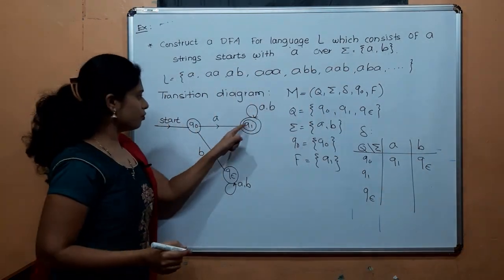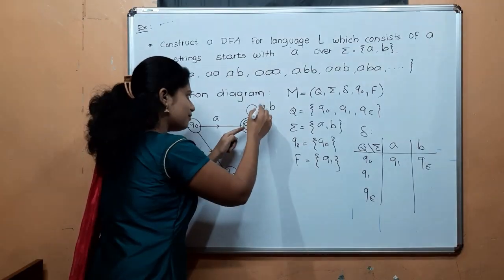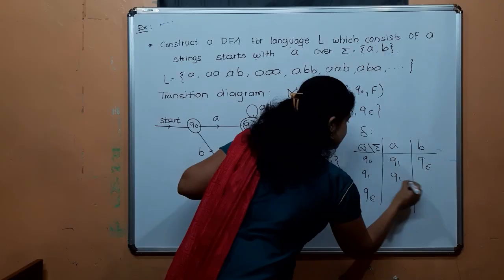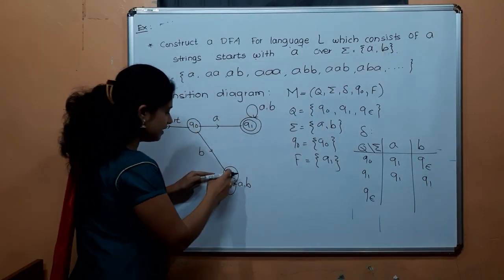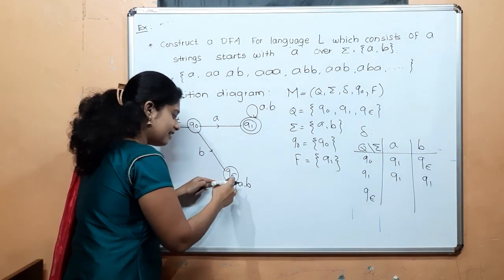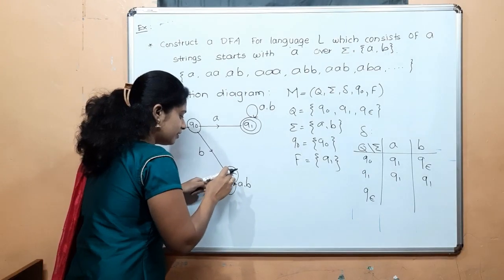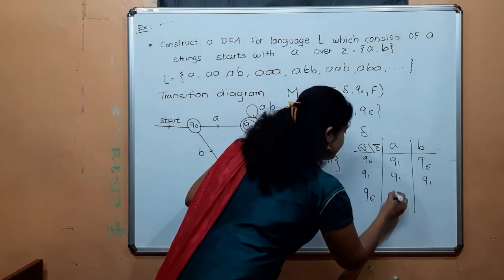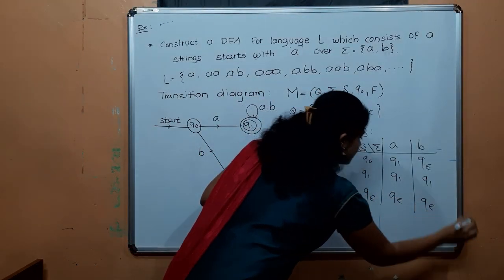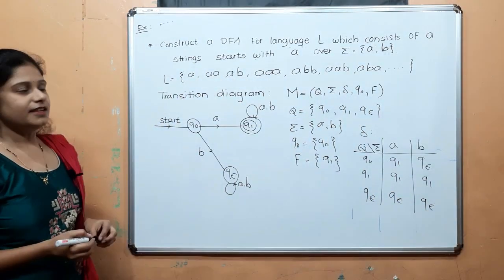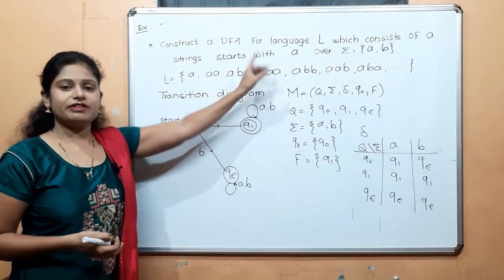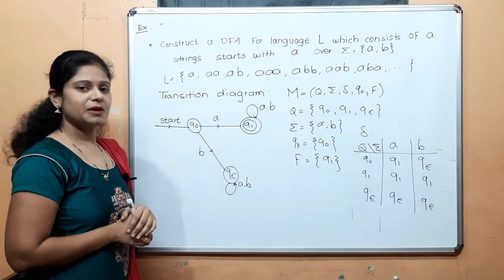See here, Q1 on A and Q1 on B, that is the self loop. Therefore, Q1 on A and Q1 on B will go to Q1 itself. Then the dead state, again it has the self loop. That's why the dead state has A and B on itself. That is Q dead, Q dead. That is the DFA which accepts strings that start with A over Σ = {A, B}.